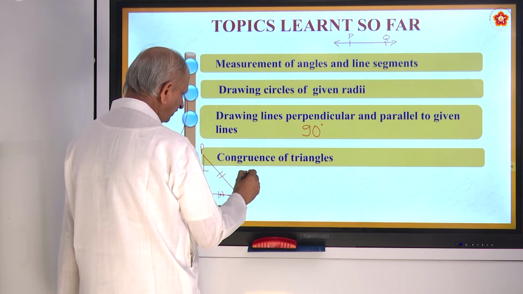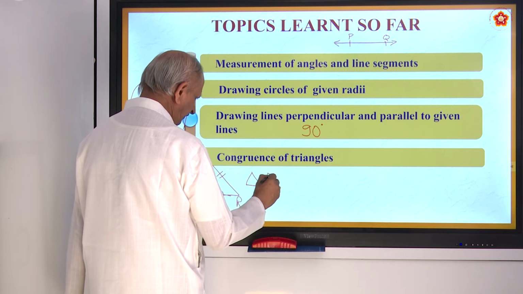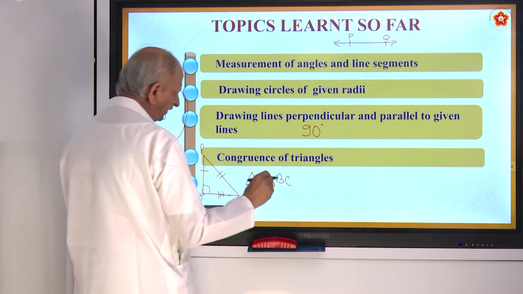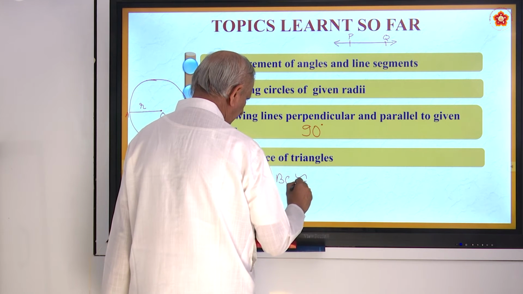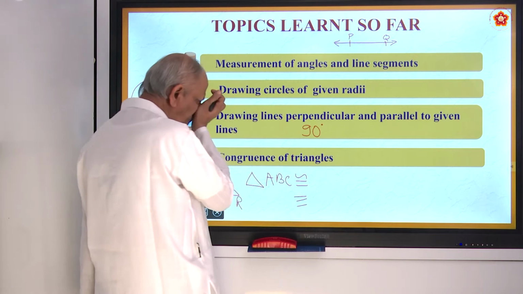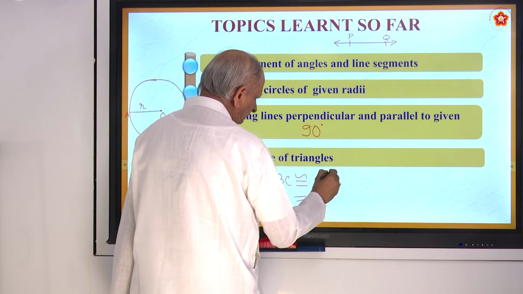So, how to write congruency? Triangle ABC is said to be congruent to PQR. You can draw the symbol like this, or you can draw three lines like this also.